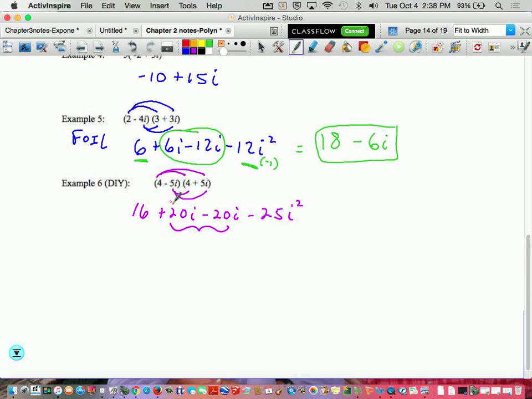Notice that these two cancel out because one's positive, one's negative. Again, i squared is -1, so it's really 16 plus 25, or 41. So when you check your answer, you should be getting 41, which is a pure real number. There's no imaginary part to it. It's important to understand what's happening there because 4 minus 5i and 4 plus 5i are important.